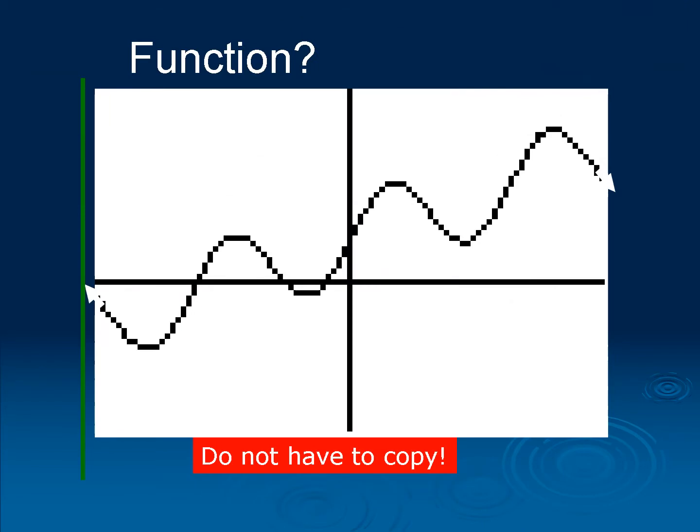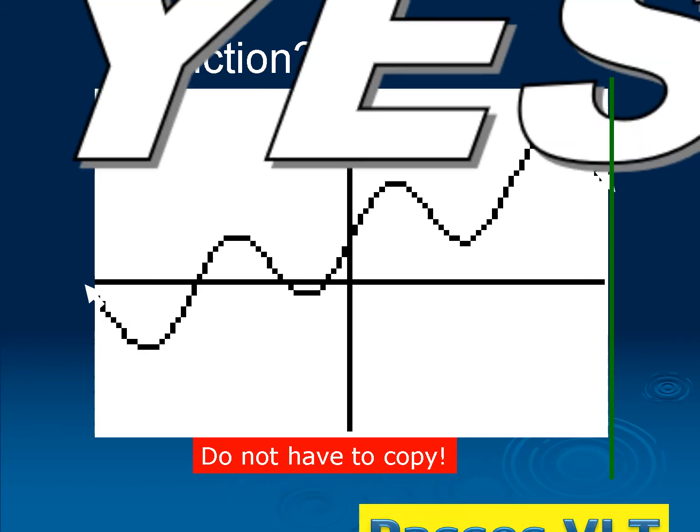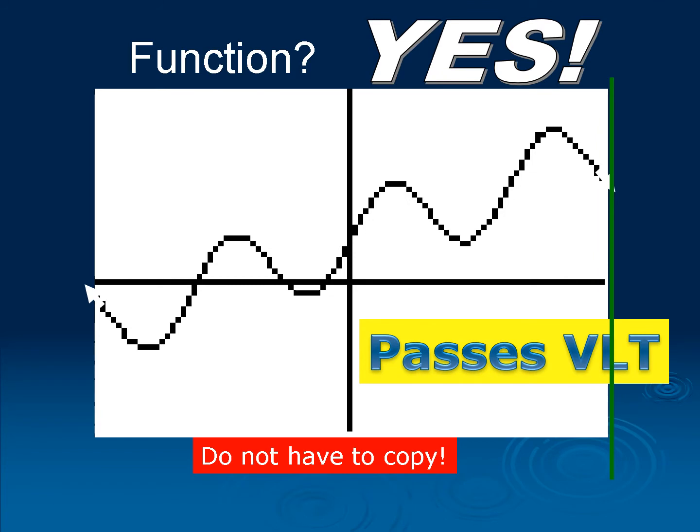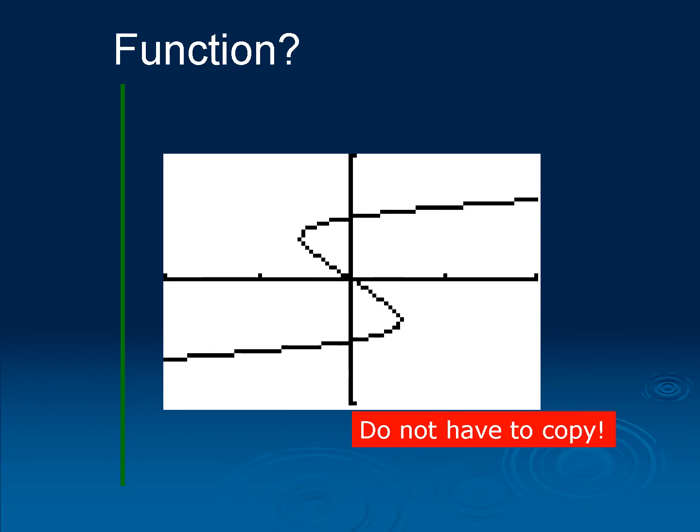What do you think about this guy? Let's check. Did it pass? It sure did, because as that vertical line moved across my graph, it only hit my function once at each point. What do you think about this guy?